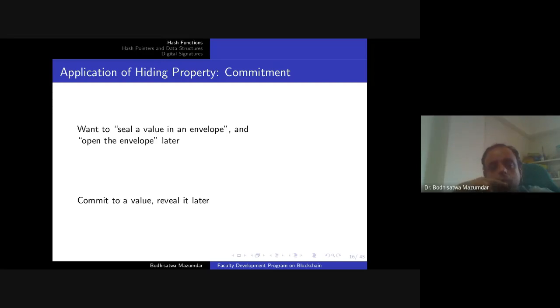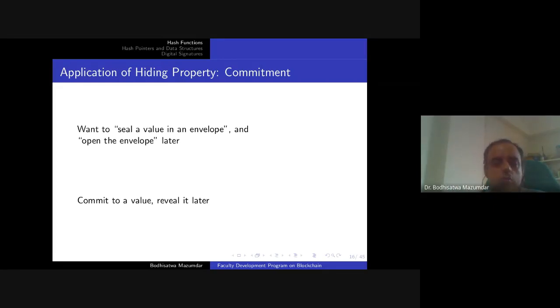Suppose you have a particular value, and you put that value in an envelope and seal it, and you keep it on the table for the general public to see later. Nobody other than you knows what value has been kept in the envelope. Whenever you put a value in that envelope, this is called a commitment.